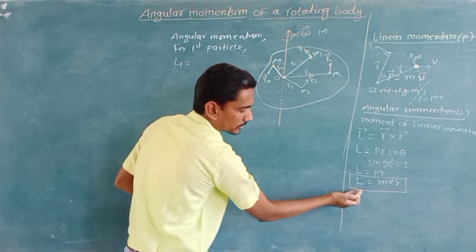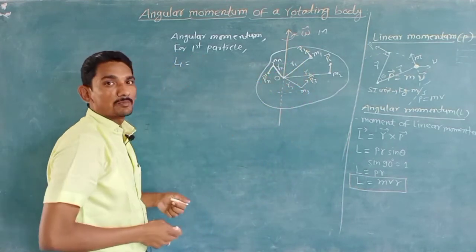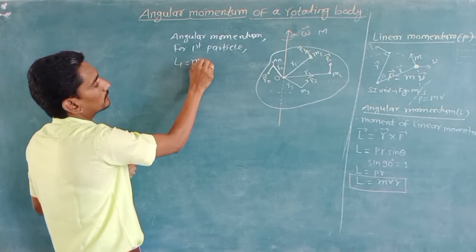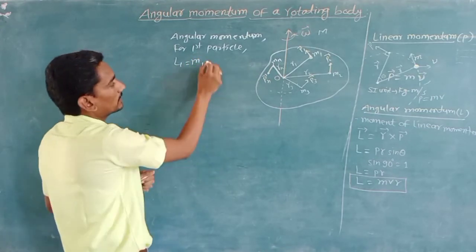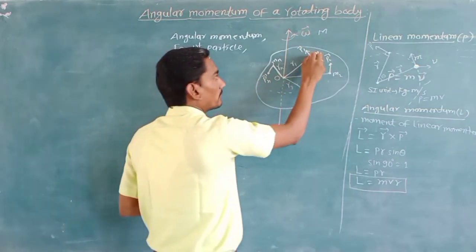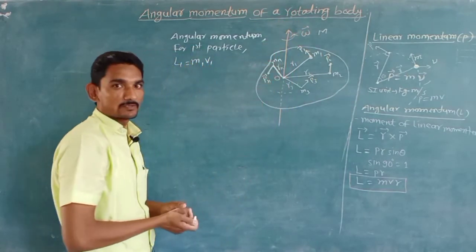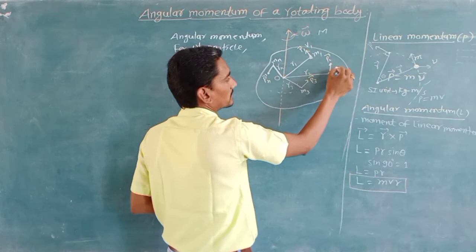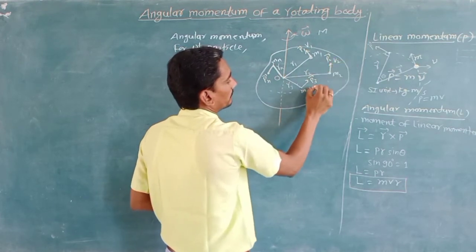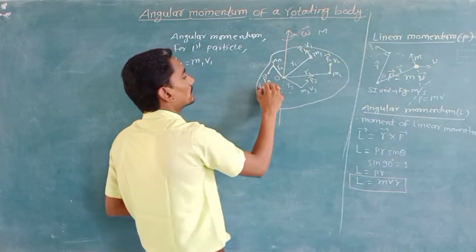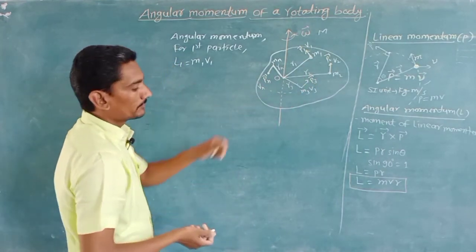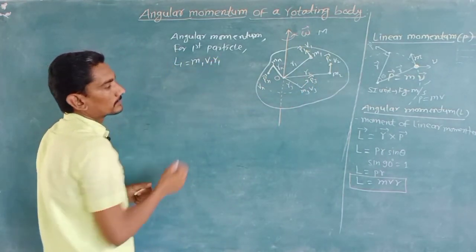So we can use this formula to determine the angular momentum for the first particle: L1 equals m1 v1 into r1, where m1 is the mass of the first particle and v1 is the linear velocity along the direction of the linear momentum. v1, v2, v3, up to vn are the linear velocities of the particles.